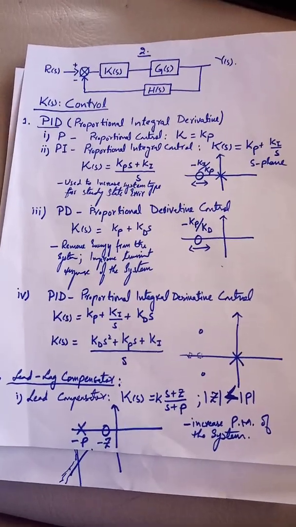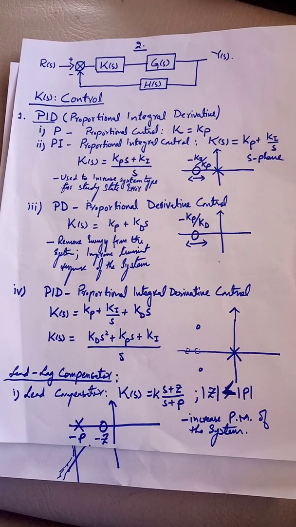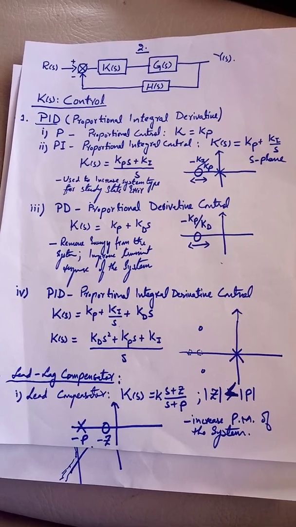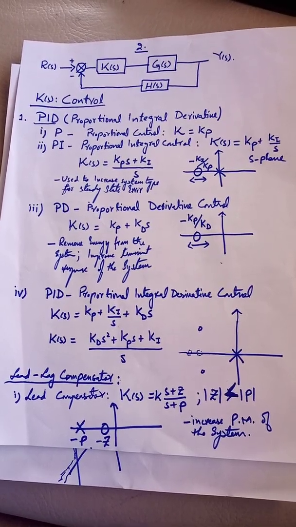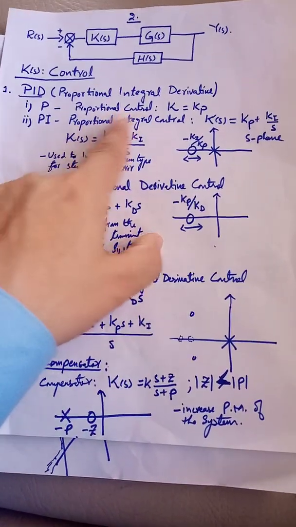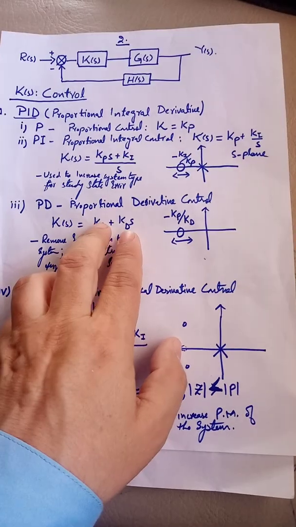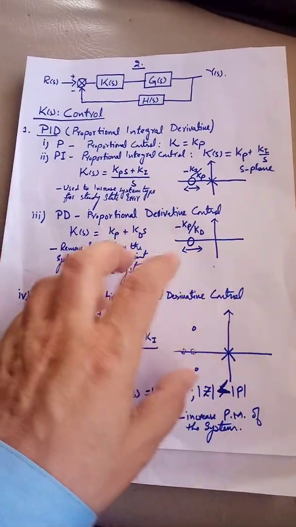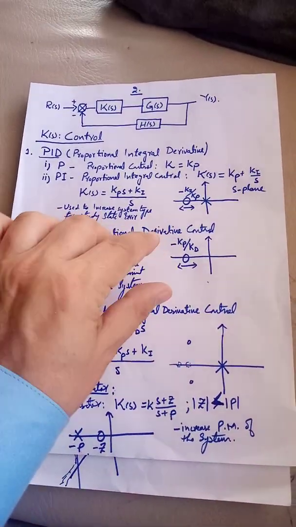If you introduce a damper to a system, it is very similar to introducing PD control. Because proportional is introduced as a spring, so proportional and derivative work as a spring and a damper introduced in a system.